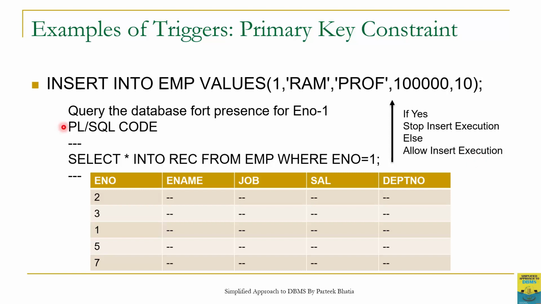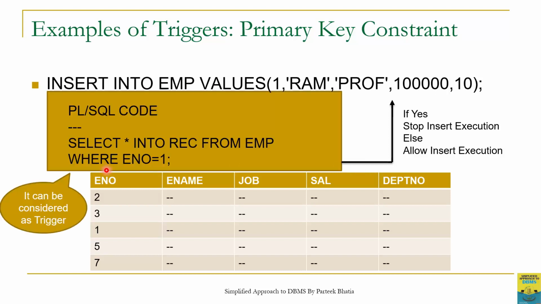So my point is this: when we issue this insert statement, Oracle internally executes this code to check the presence or absence of the E number 1 record in the database. This code, which is issued by Oracle internally during the execution of this insert statement, can be considered as a trigger. Of course, this is not the exact code. It has been oversimplified here to make you understand this concept.